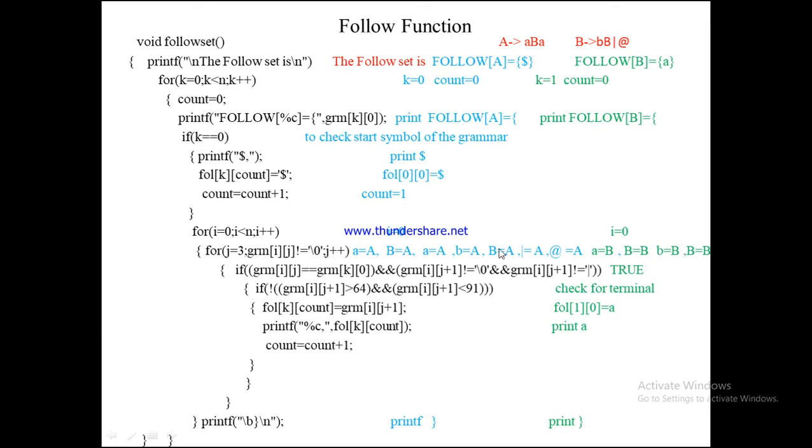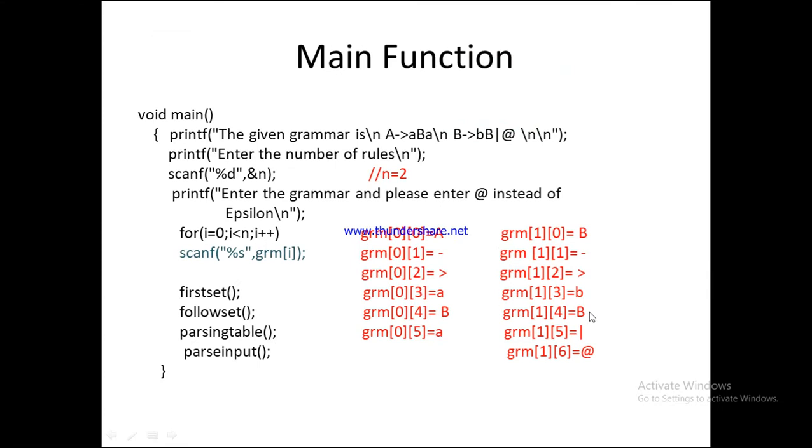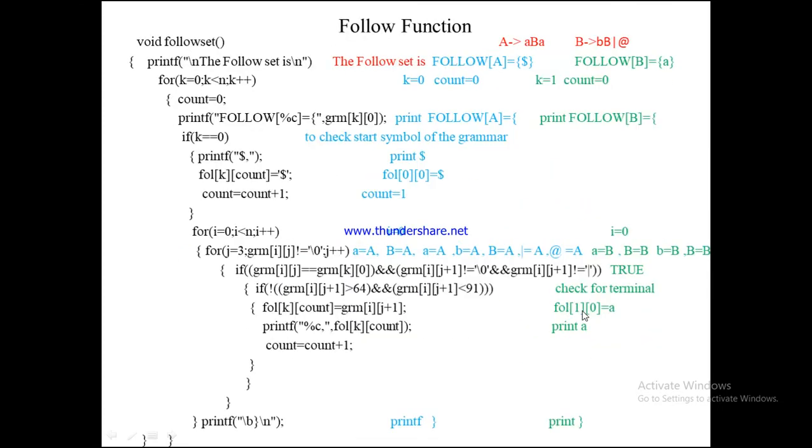What is 1, 4? 1, 4 is nothing but a capital B. So I am checking whether that is equal to the capital A. Anyhow, k value is 0 only; we have not incremented it. Again I am checking whether pipeline is equal to the capital A by incrementing the value of j. Then I am checking whether the epsilon is equal to the capital A.